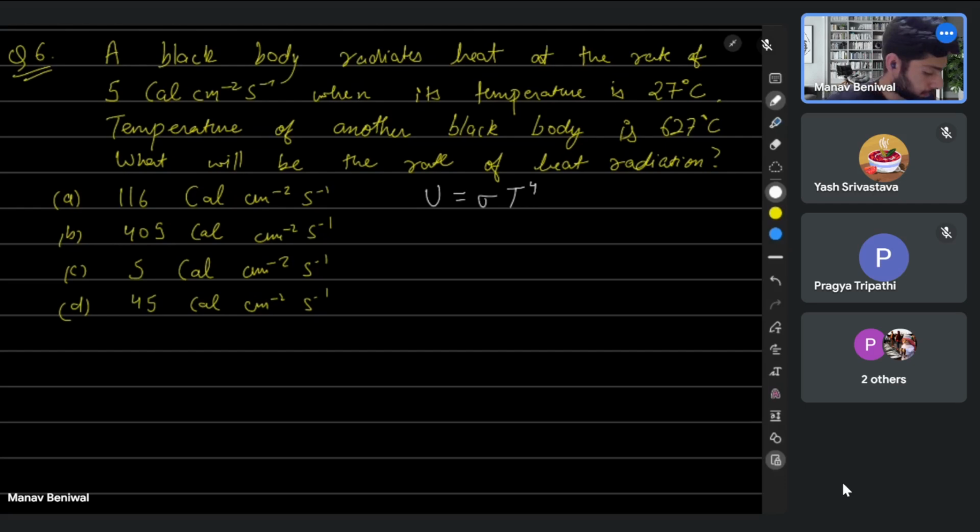Okay, no problem. So this is Stefan's law, or also sometimes called Stefan Boltzmann's law.